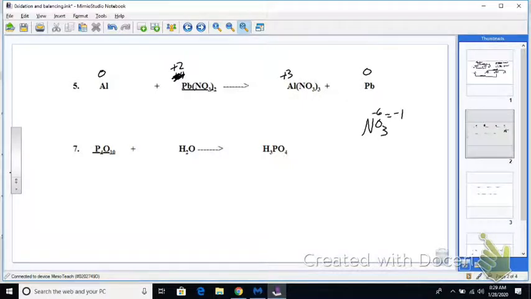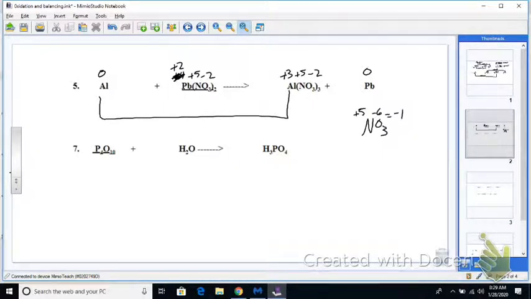Some of these, you have multiple ones like this, so if you take it out, it's easier to handle. And so it should be a +5 on both sides for the nitrogen. And then oxygen's a -2. Okay, so that's kind of what it should look like. So aluminum is changing in value. What's happening to it?